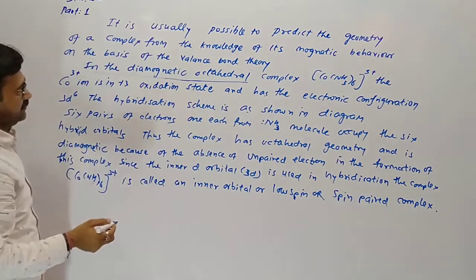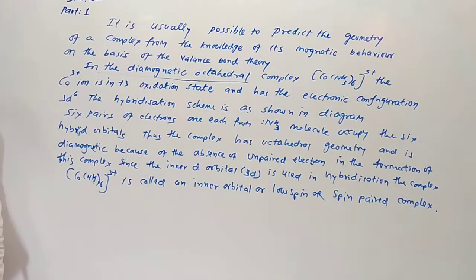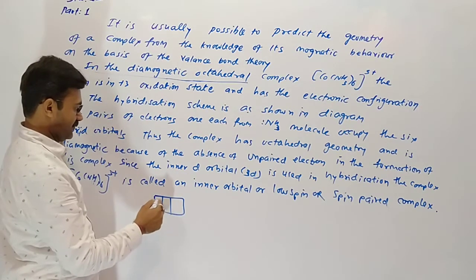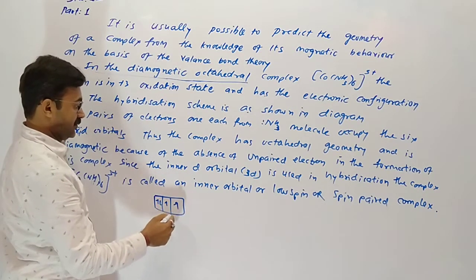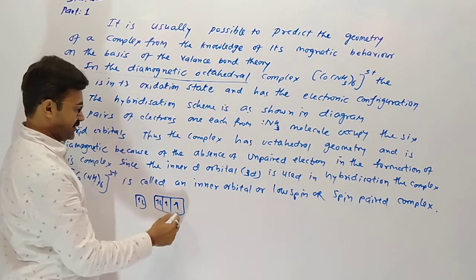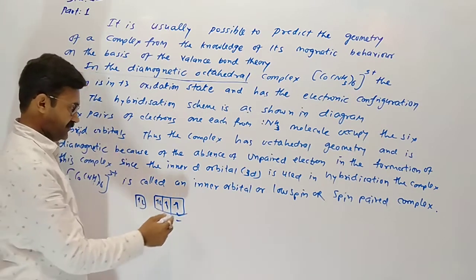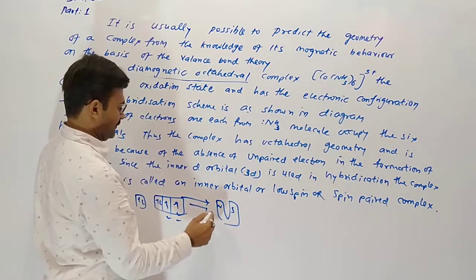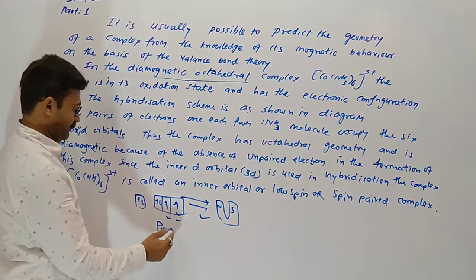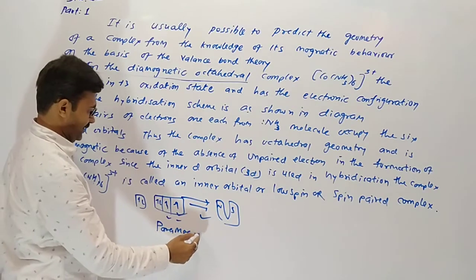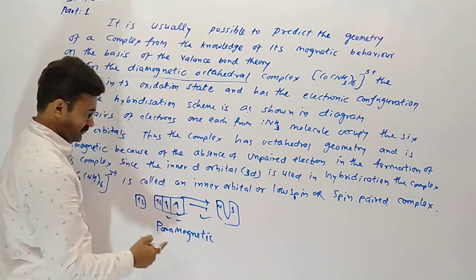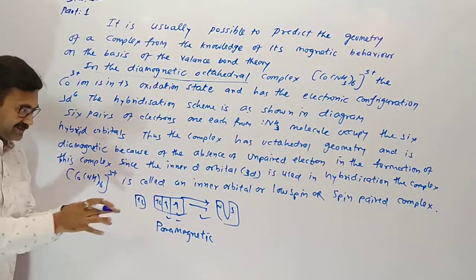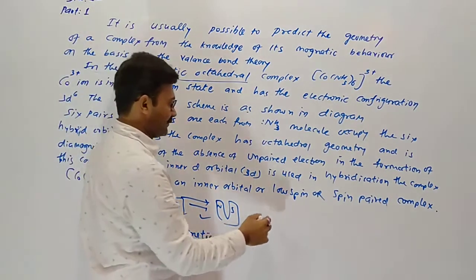First of all, what is paramagnetic and diamagnetic? If one or more than one electron is unpaired, it is attracted toward the magnetic field, which is called paramagnetic. If one or more unpaired electrons are attracted by a magnet, it is called paramagnetic.